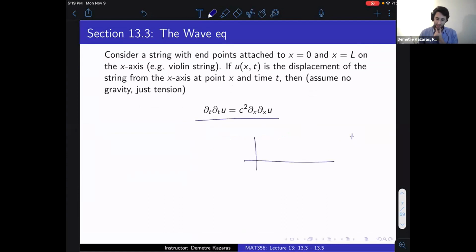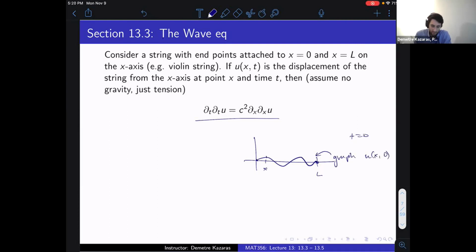Imagine at time t equals 0, here is point L on the x-axis, and you have some string, and the graph of this function, where the value at some point x is the distance from the x-axis that the string lies at that point. This would look like the graph of u of x comma 0.